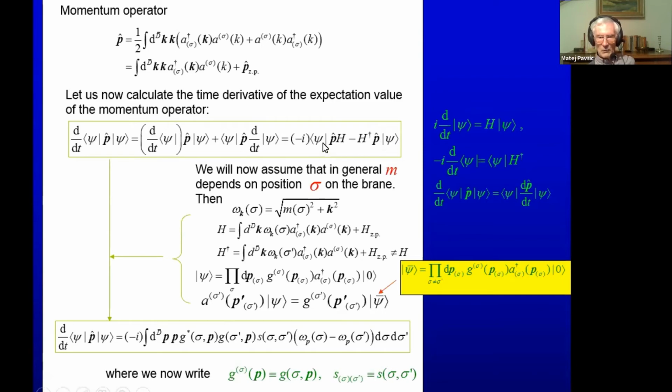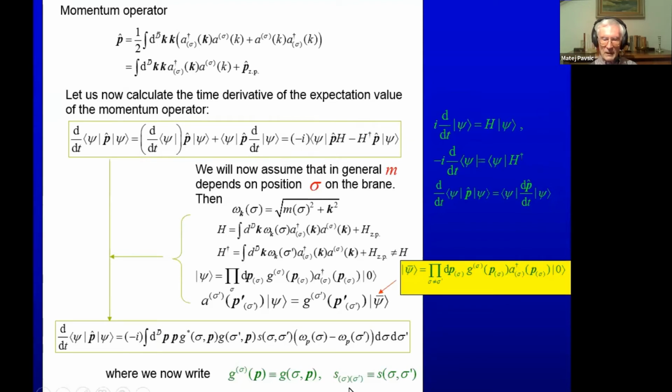Sorry if I go quickly, but this is well known. If H is the Hamiltonian, this is the commutator of the Hamiltonian with momentum. Of course, this is the operator equation for P, which has this commutator, but the expectation value has this sandwich between the states.